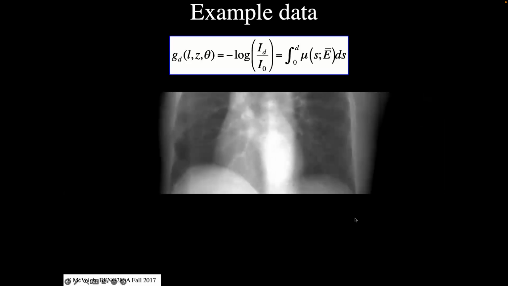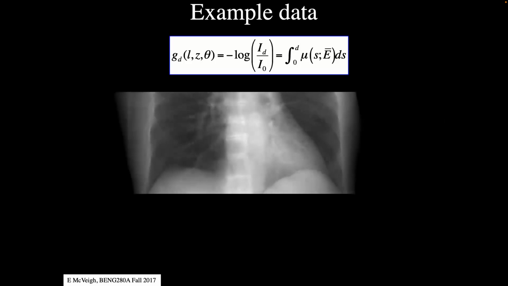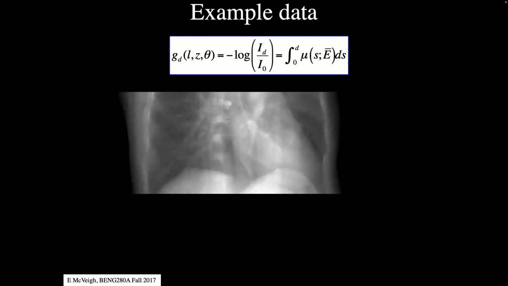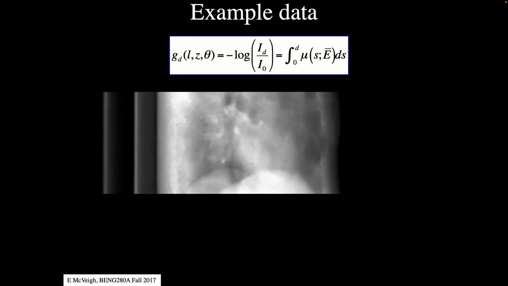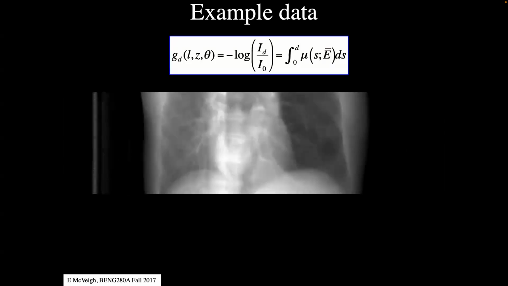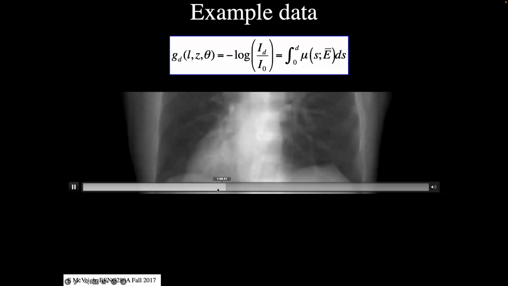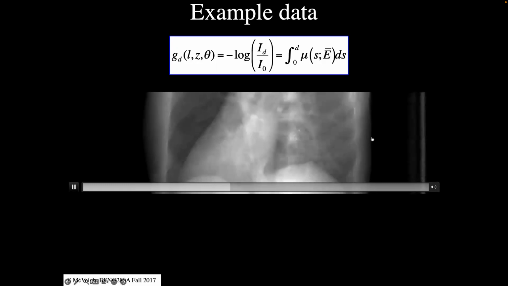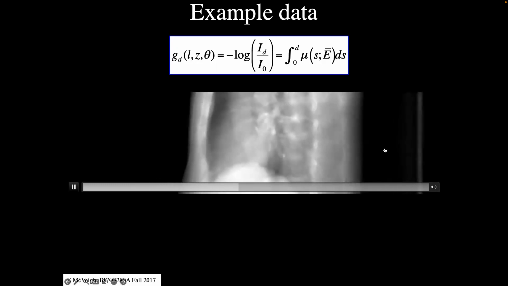And luckily for us, scanners now, the Z value here is like 16 centimeters, and it's divided into about 256 or 312 or 320 different pixels in that dimension. And then the L dimension is from the left to right on our screen, right?